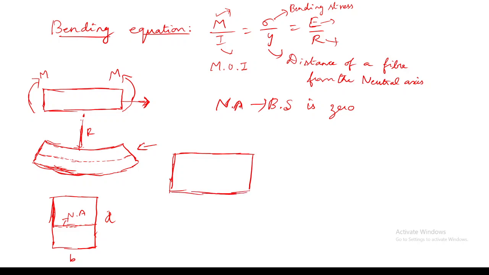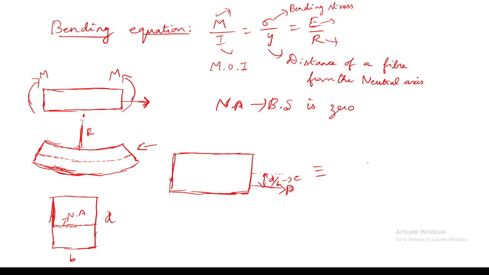And I'm subjecting this rectangular bar to an eccentric load. This is the longitudinal axis of this member. So we are subjecting this to an eccentric axial load. Let this distance be d by 6, or e. So due to this, how can I represent this same system?